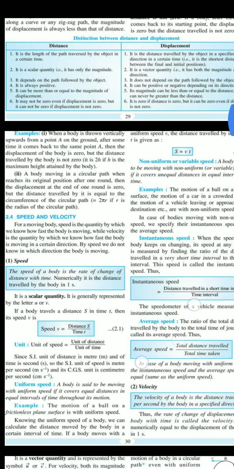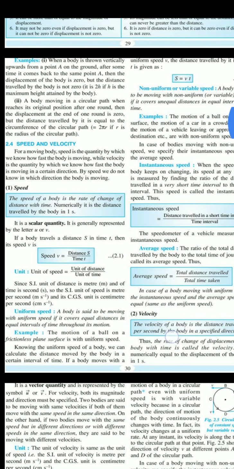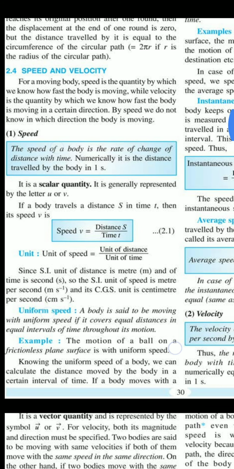Then let us come to speed and velocity. So speed of a body is the rate of change of distance. You have to remember here that speed is the rate of change of distance. So distance upon time, whenever you say that rate of a physical quantity with time, okay, rate can be with some other thing also, but here we are talking about rate of change of distance with time.